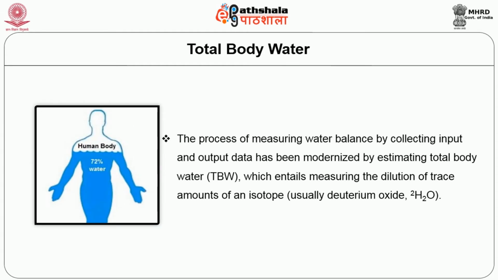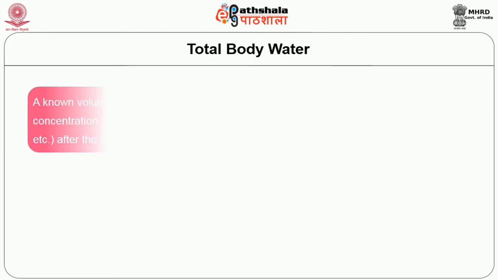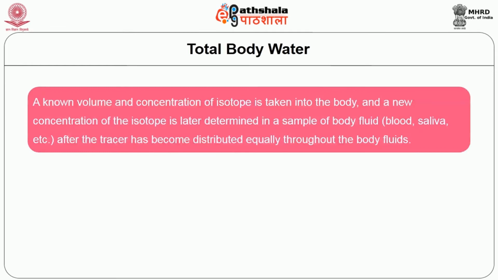The process of measuring water balance by collecting input and output data has been modernized by estimating the total body water, which entails measuring the dilution of trace amounts of an isotope. Usually deuterium oxide is used. A known volume and concentration of isotope is taken into the body, and a new concentration of the isotope is later determined in a sample of body fluid.